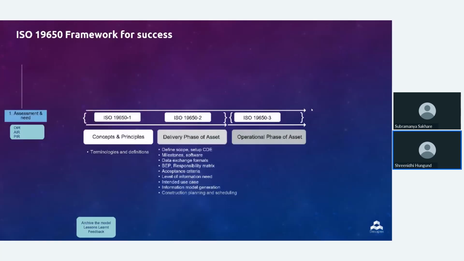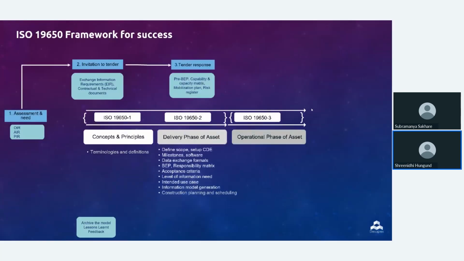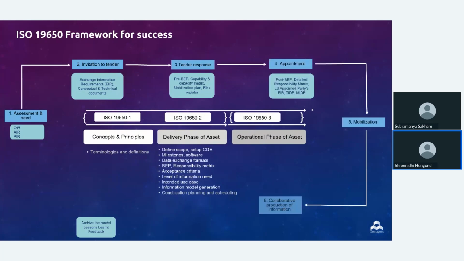This is the general framework of ISO 19650. I'll not go into detail. There are many recorded webinars we have conducted previously; please feel free to check them out on our YouTube channel, where these processes are explained in detail.